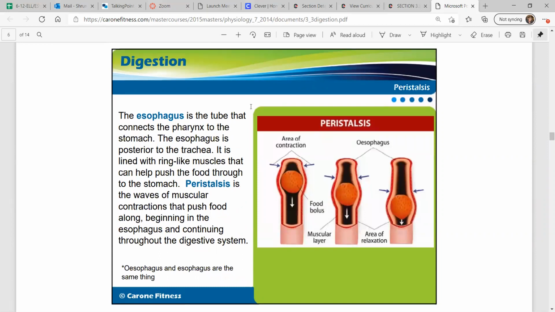The esophagus is the tube connecting the pharynx to the stomach, and it's right behind the trachea. It's posterior to the trachea. It's lined with ring-like muscles that can help push the food through to the stomach. So you're not consciously moving food towards your stomach.